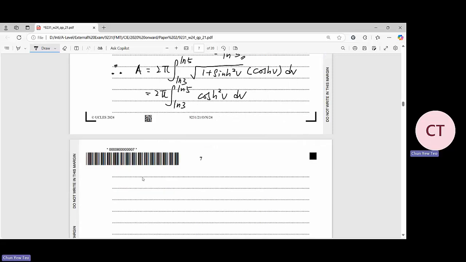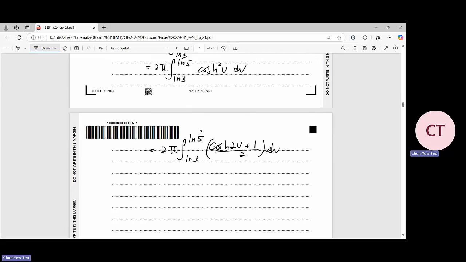You're supposed to get something like that. And we continue further to integrate a hyperbolic function with square. We just apply the same strategy like trigonometry. We use the hyperbolic identity, making this become (cosh 2v plus 1)/2 dv. So we are using a hyperbolic identity also. Directly apply it.